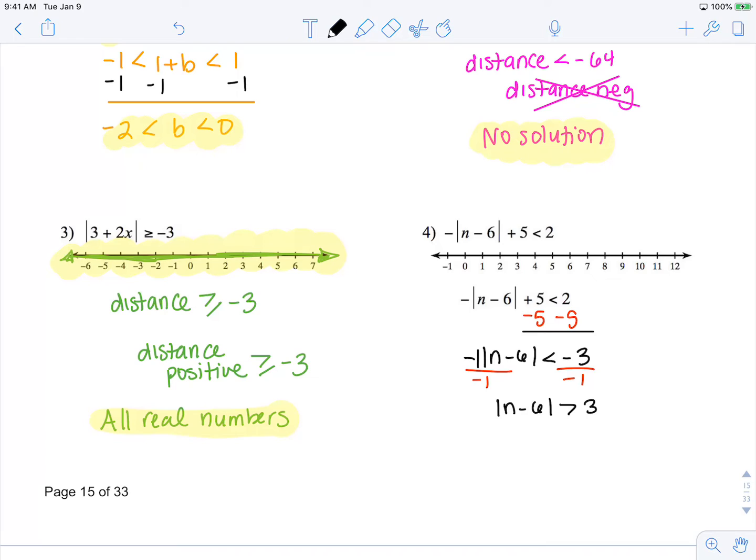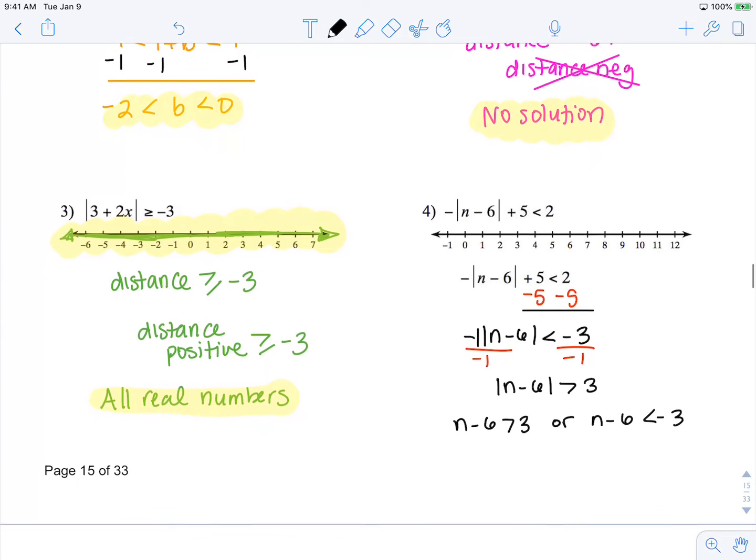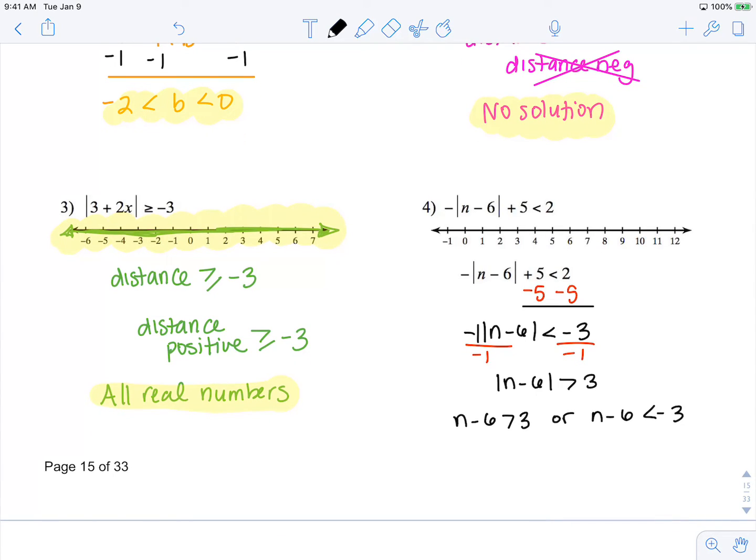So if that distance is going to be greater than 3, then what's inside our absolute value needs to be greater than 3, or what's inside our absolute value needs to be less than -3. To solve both of these, I'll add 6. N is greater than 9, or n is less than 3.